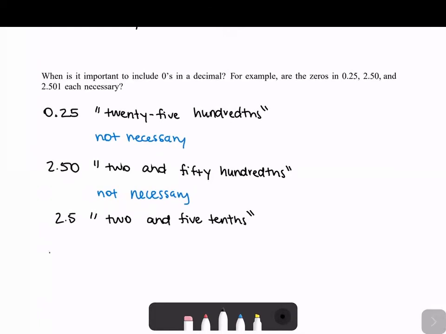And lastly, 2.501. So this represents 2, and then the decimal point, and 501 thousandths.